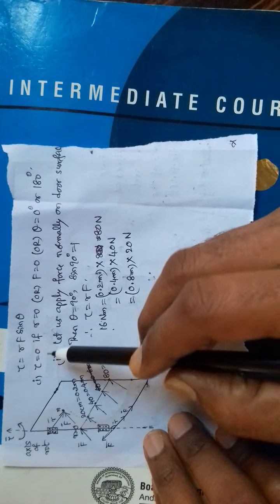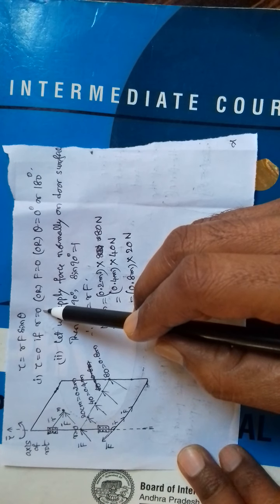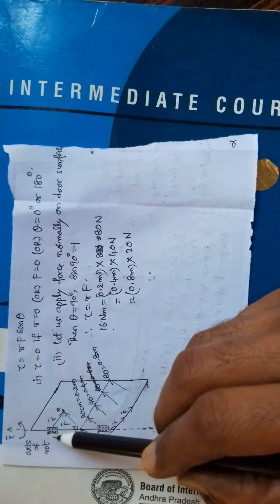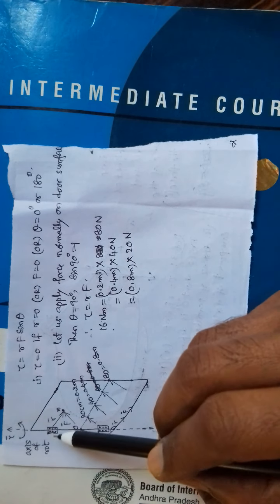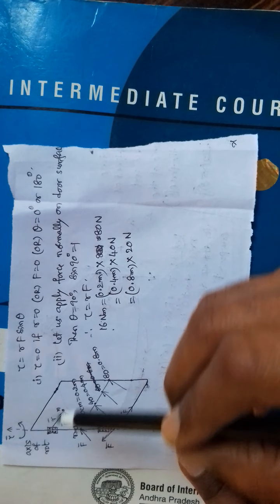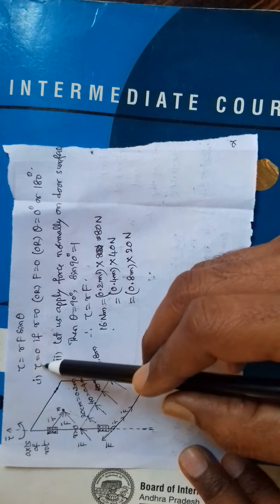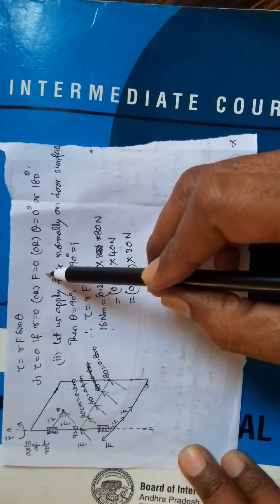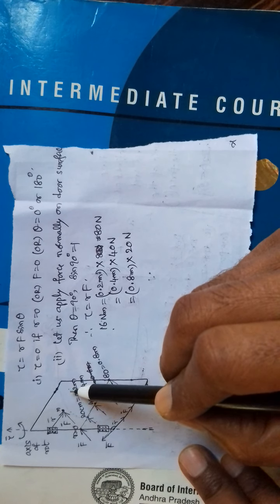Now, if r = 0, what does it mean? You are applying force on the axis of rotation. If you apply force on the axis of rotation, the door will not move. Therefore torque becomes 0. Next, F = 0. You do not apply any force, which means it won't rotate.